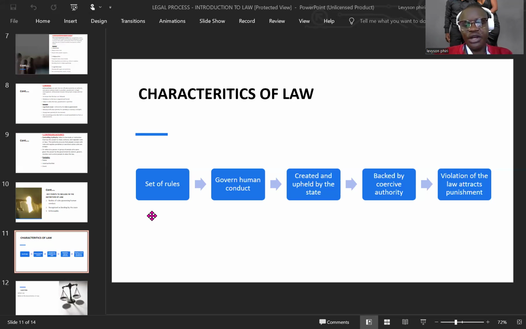When these rules are created, they are backed by coercive authority. And violation of the law attracts punishment. That's what we are saying. And these are the main characteristics of law. Set of rules governing human conduct, created and upheld by the state, backed by coercive authority. Also, violation of the law attracts punishment.